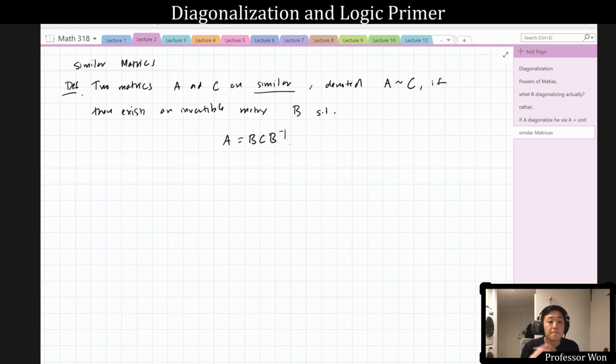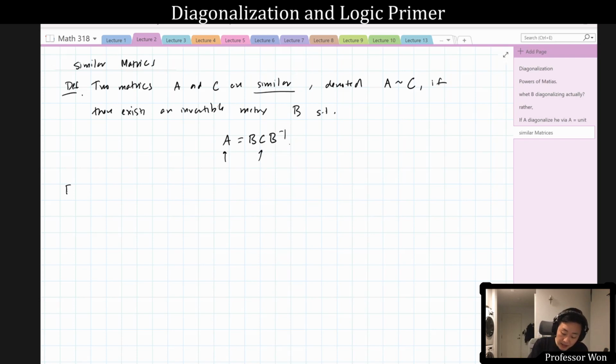Now, new definition. We need to have some examples. We need to think about what it means. Right? So here, I'm saying that A and C are similar if you can find an invertible matrix B such that A is equal to B C B inverse. This should remind you of diagonalization in some way, right?